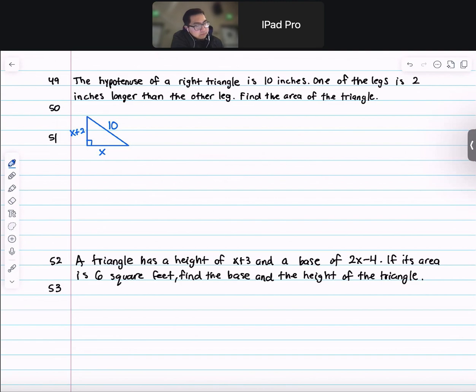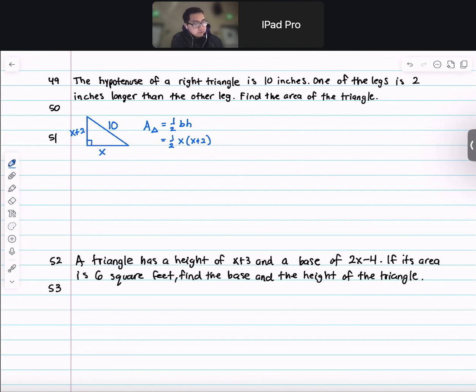Area of a triangle is 1/2 base times the height. So 1/2, the base is x, and the height is x plus 2. Now, it'd be so nice if we knew what these x values were, and the way we can do that is, isn't this a right triangle?